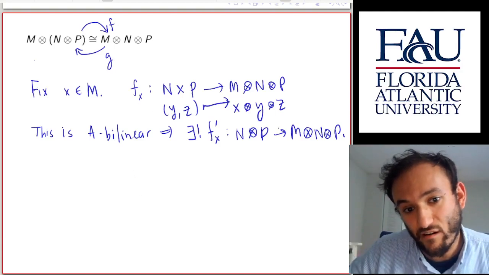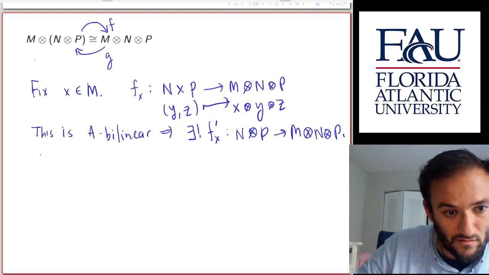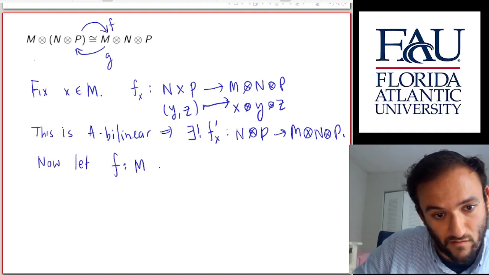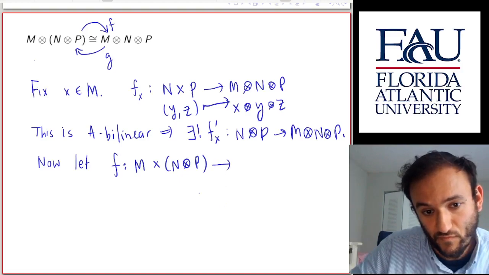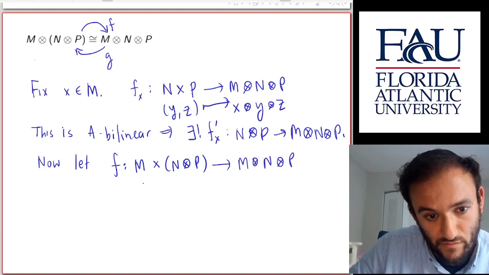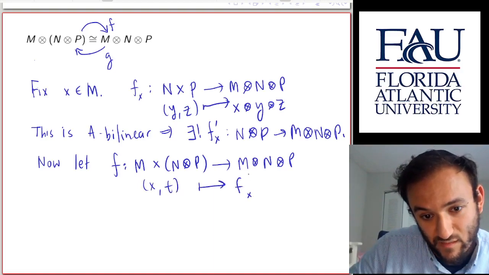But now we can consider mapping. So let's map f from M cross N tensor P to M tensor N tensor P by taking, for a fixed x and a fixed t, we'll just map that to f_x prime of t, right?